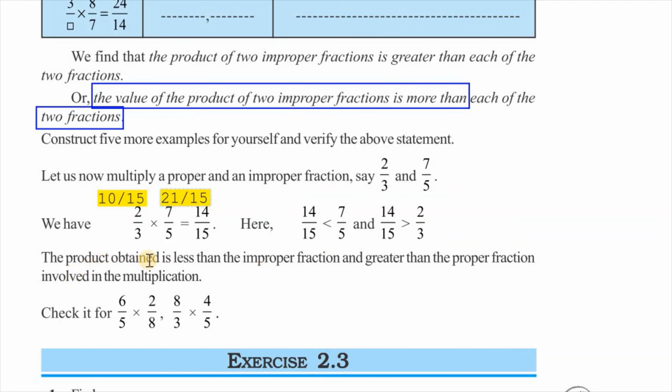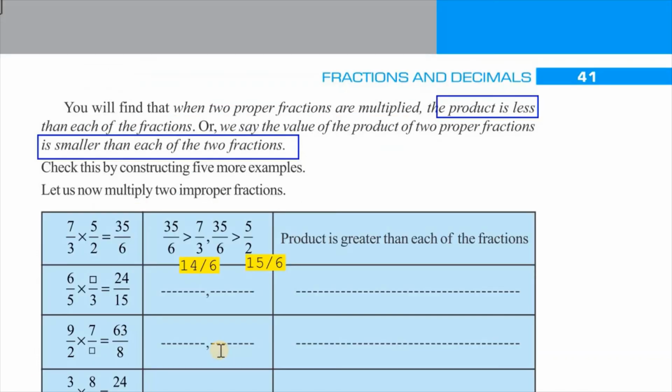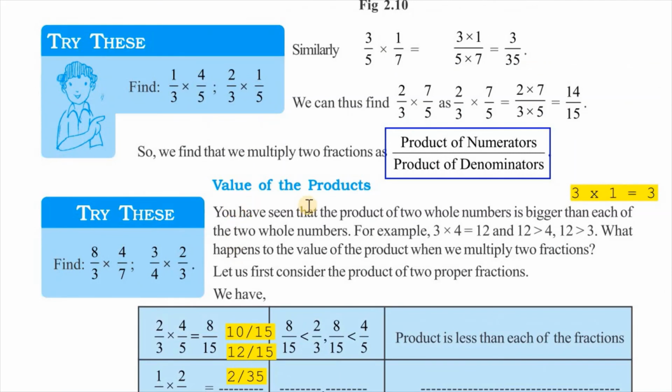So we can say that the product obtained is less than the improper fraction and greater than the proper fraction involved in multiplication. Similarly, you can check and get the same result for any combination of a proper and improper fraction that you consider.